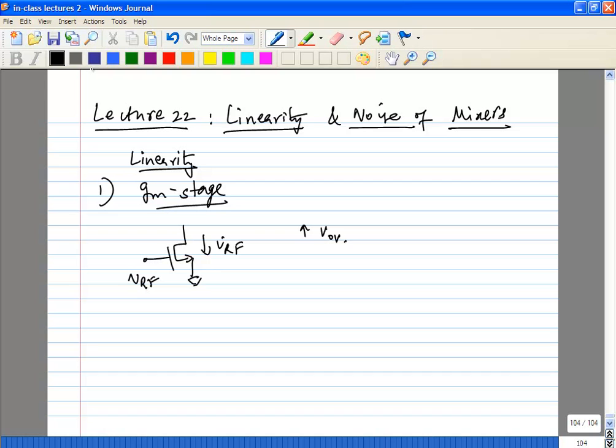But if you do that, your GM falls, your conversion gain will fall, and your noise level will get worse. So that is one fundamental trade-off you have to remember. That is for the transconductor.